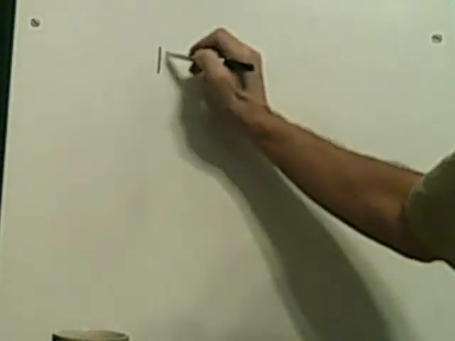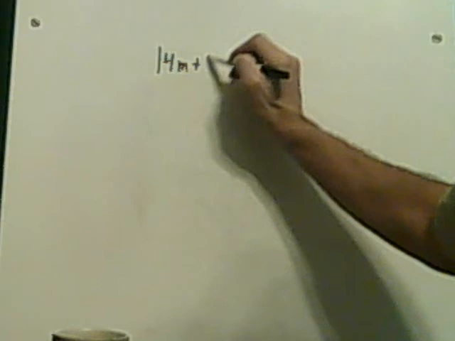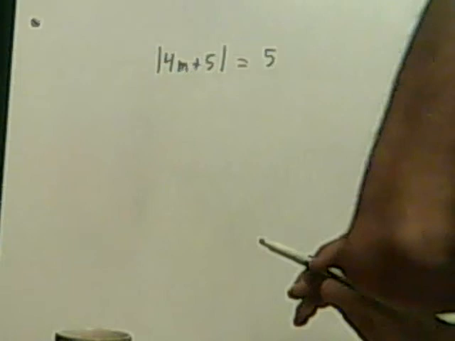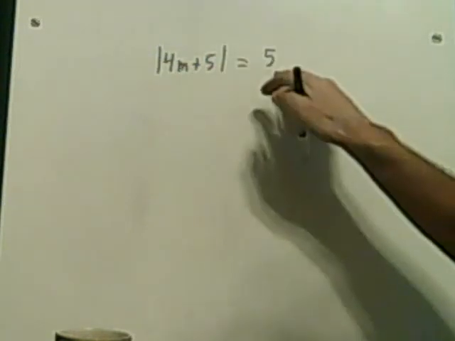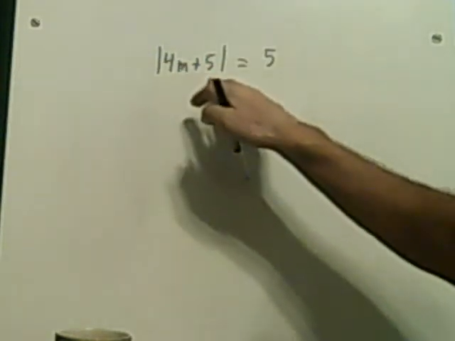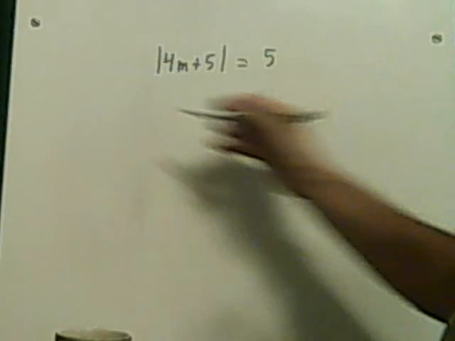Okay, the next one is 4m plus 5 equal to 5. Now, there are two possible solutions. Either 4m plus 5 is going to be equal to +5, or 4m plus 5 is going to be equal to -5. Either of those would represent a solution.